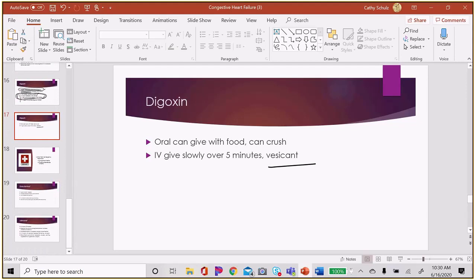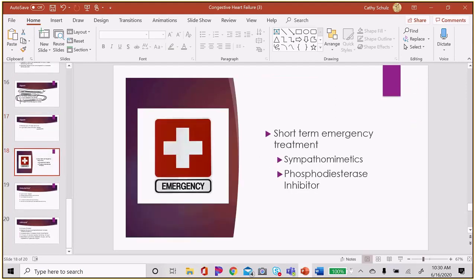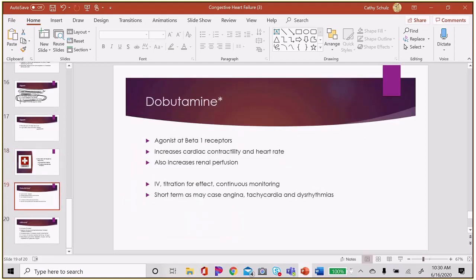There are a few emergency medications for short-term management of congestive heart failure. These medications will not be on my exam, but they could be on ATI. These are medications that are given IV that will help in the short term by increasing heart rate and contractility.